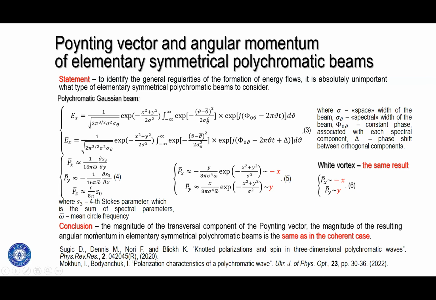Conclusion: the magnitude of the transversal component of the Poynting vector and the magnitude of the resulting angular momentum in elementary symmetrical polychromatic beams are the same as in the coherent case.